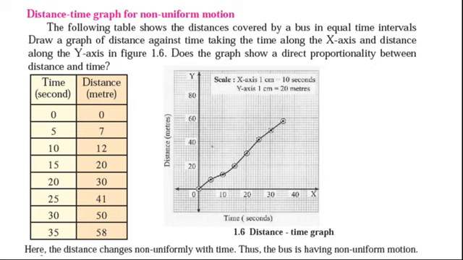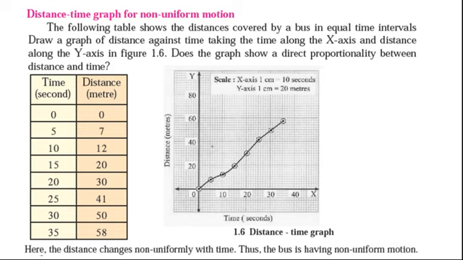Again, a table is given with values, the time in seconds and the distance in meters. When it is 0 second, the object covers 0 distance. When time goes up to 5 second, the object covers 7 meter, and so on.